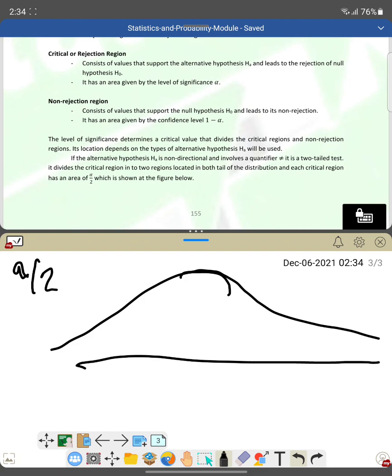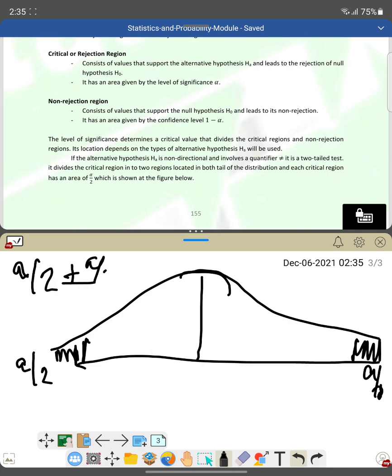This means that if we are going to total the rejection region, for example, we have here the first rejection region. Another, let's assume this is a normal distribution, we have another rejection region. So what will happen is there is an α over 2, and there is another α over 2 on the right side. If we total that, α over 2 plus α over 2 is equal to α.